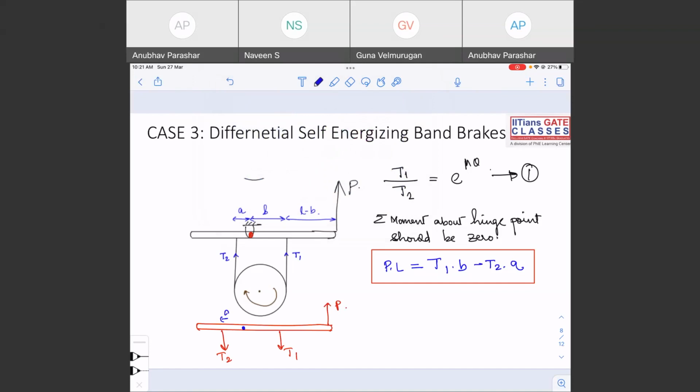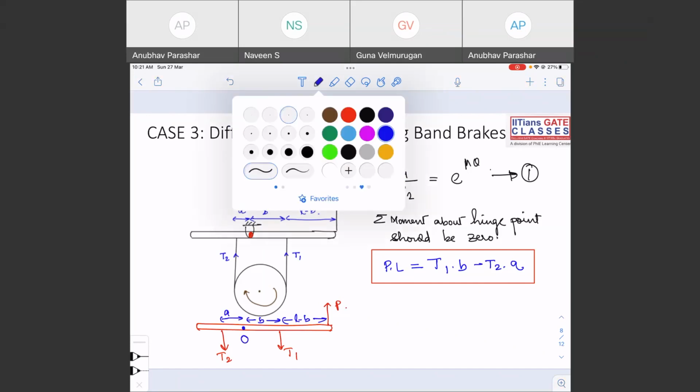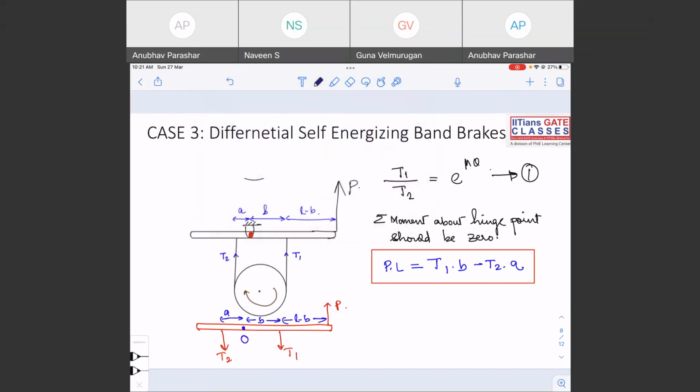This is A, this is B, and the total distance is L. So if you take moment about the hinge point, that is O, you can see P and T2 are producing anti-clockwise moment, and T1 is producing clockwise moment.